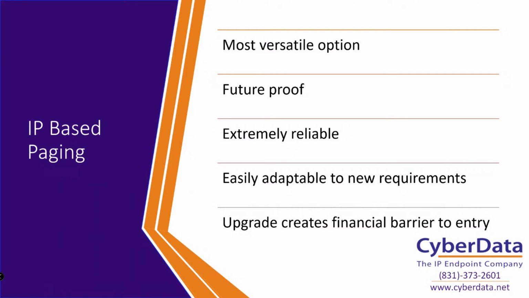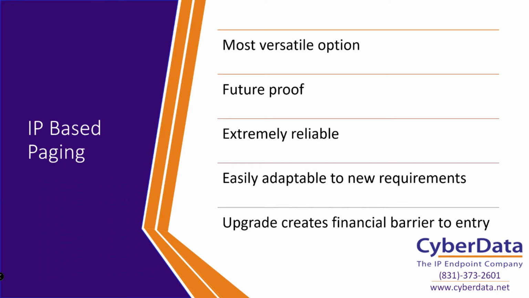Whereas with an IP-based system, because everything can get a firmware update, we can add new features to it. Say, for example, if you go with a standard SIP-based system, and then a few years down the line, you end up moving to, say, an Informacast-based emergency paging system. Informacast, for any of those that didn't watch our CyberSchool all about that, is an emergency notification software suite designed specifically for schools and large enterprise companies.